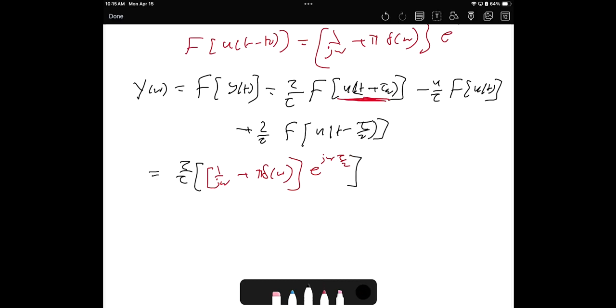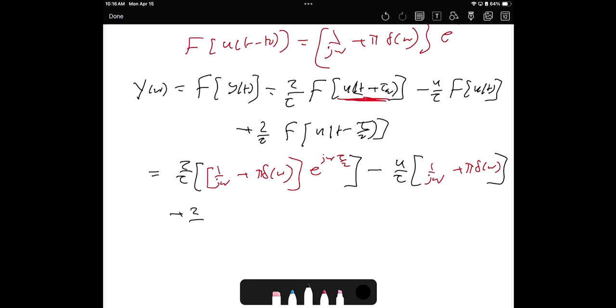That's the first term. Then the second term, minus 4 over tau. What's the Fourier transform of u of t? 1 over j omega plus pi delta. So the difference between this one and the other one is just the exponential function, because according to the properties, there will be an exponential when we have the shift.